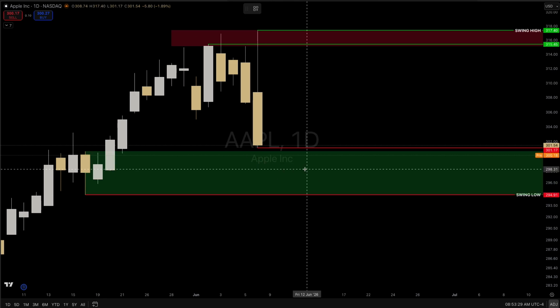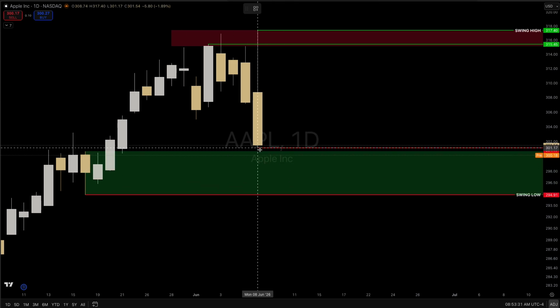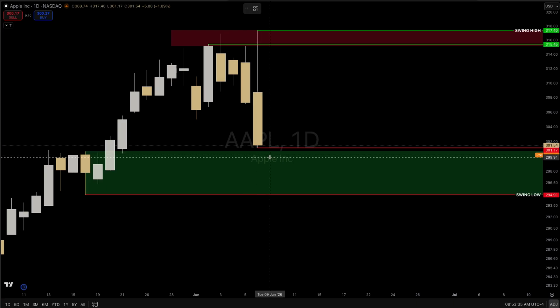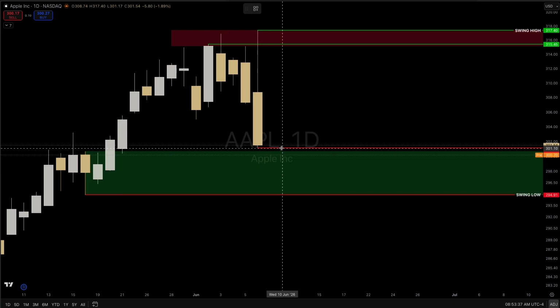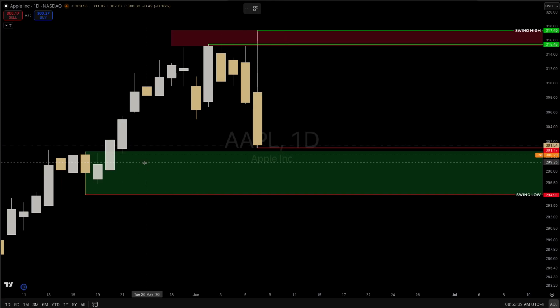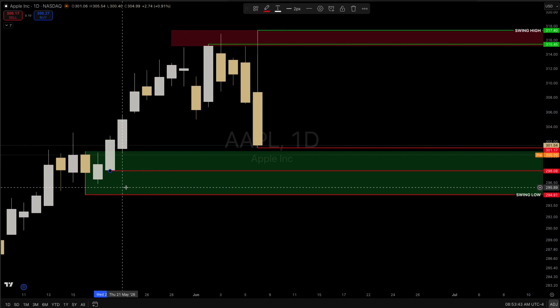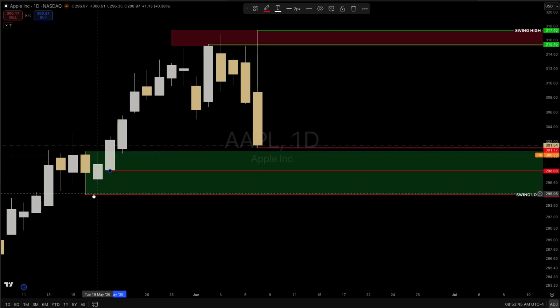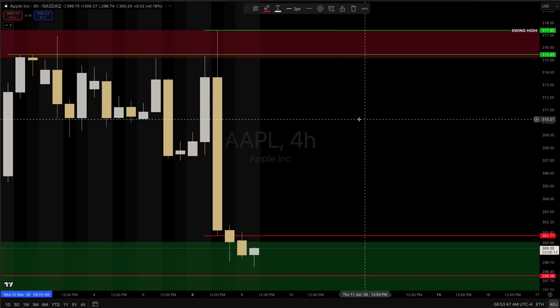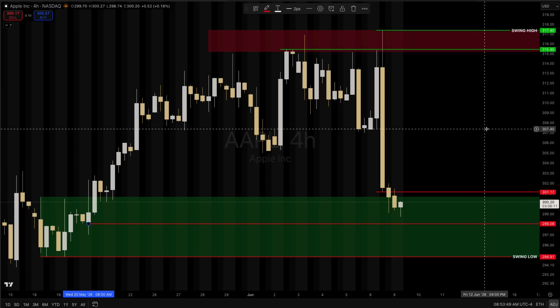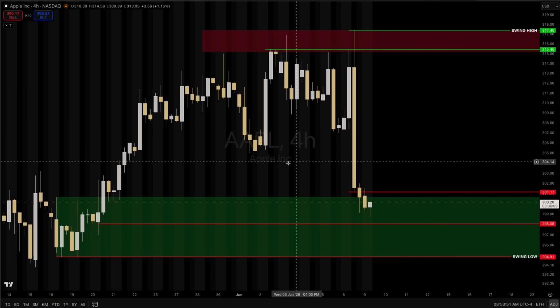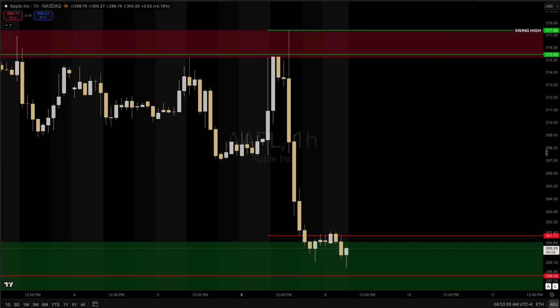So I want to see again a good buyer stepping in. Okay, so if this is the Monday's low, now if price breaks below this Monday's low, right, and if it continues towards the downside, let's say this would be my next target level, and after that this is the swing low level I have on the Apple. Okay, so as you can see here, in the pre-market we are below this previous day low.